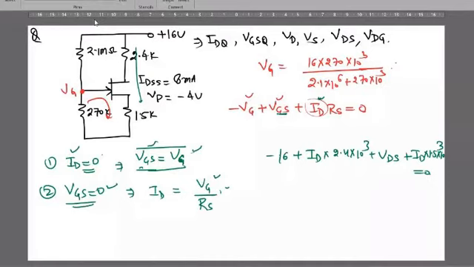And simply VS equals ID into RS, and then everything you can calculate. VDS you calculated, VS calculated, VD, VDG. So I don't think there is any problem. Can you calculate this? Yes, sir. Easy.